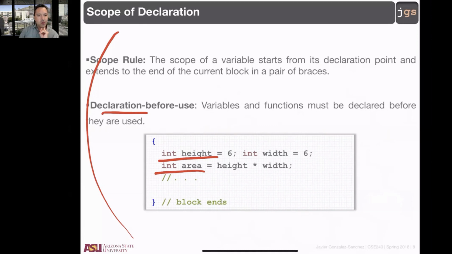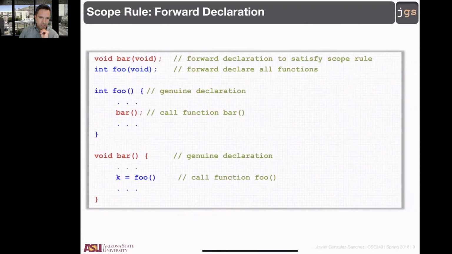Exactly the same rule is going to apply for the methods. If I have a method, foo, and inside of that method, I am calling another, bar, this is going to give you an error unless this method exists before this one.